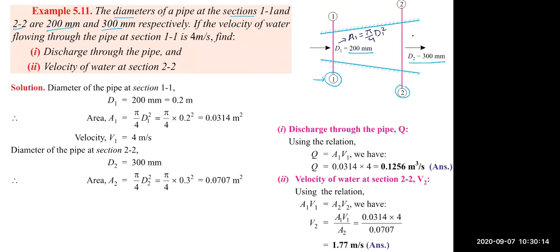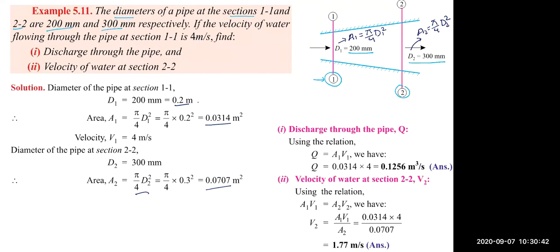Similarly, here you can find A2 equals pi by 4 into D2 square. This is what they have done here. They have first converted mm into meter and calculated the area, pi by 4 into D1 square. Similarly, if D2 is known to you, then you can calculate A2. So A2 is given here.